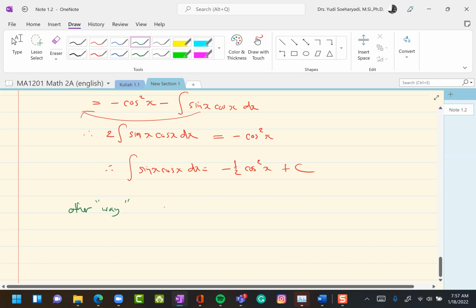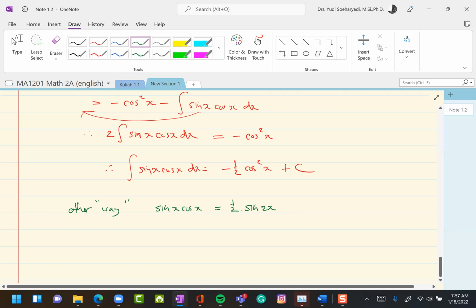Let's use a trigonometric identity. Sine x cosine x is just 1/2 of sine 2x, because this is x plus x.